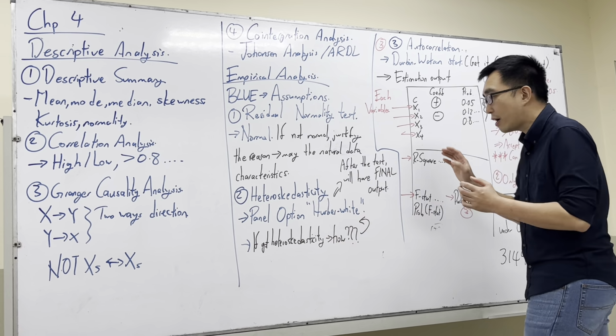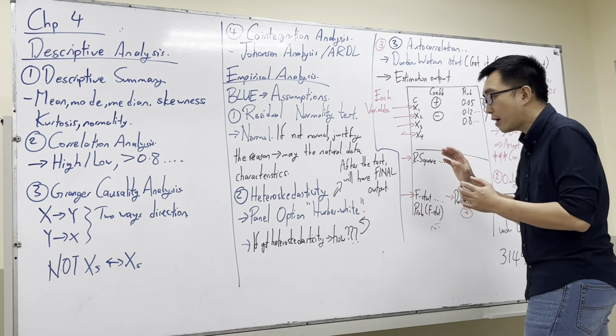Now we have to go through each variable interpretation. For example, variable x1, what are the things we are going to look into? Yes, we have to look into the probability first. You have to interpret each variable's probability, whether significant at 0.05 or not.